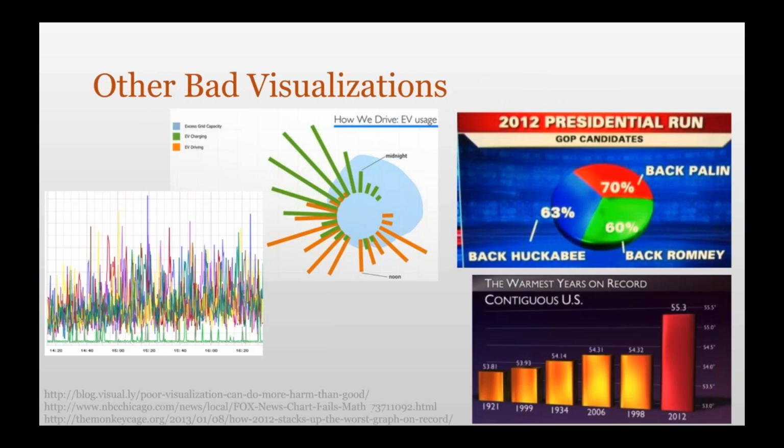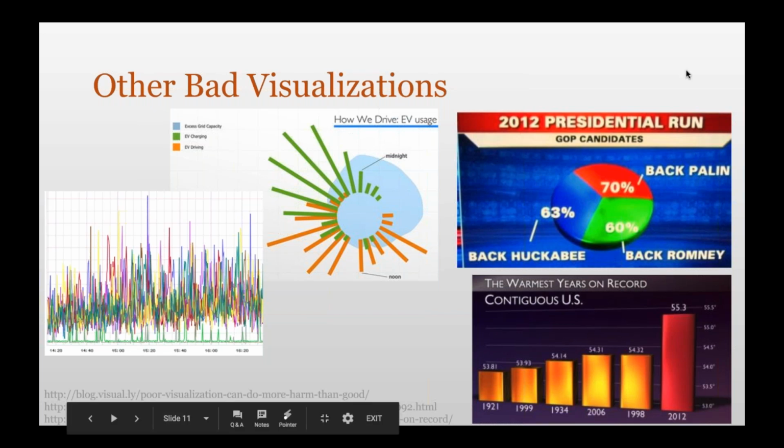And obviously, that's not the only example of bad visualization. Here you could see a few horrible visualizations, things like pie charts not adding up to 100. For the bottom right, the bar chart, can anyone see why that's a bad visualization?